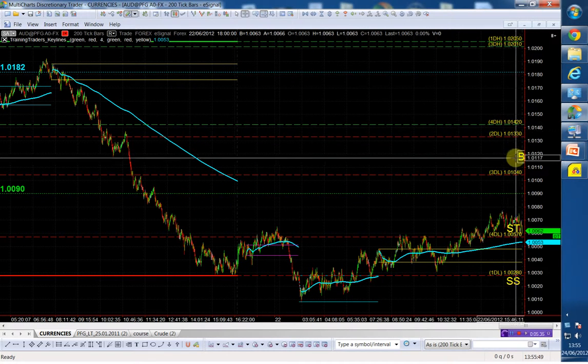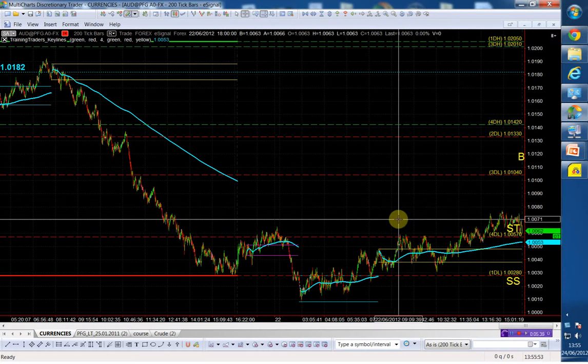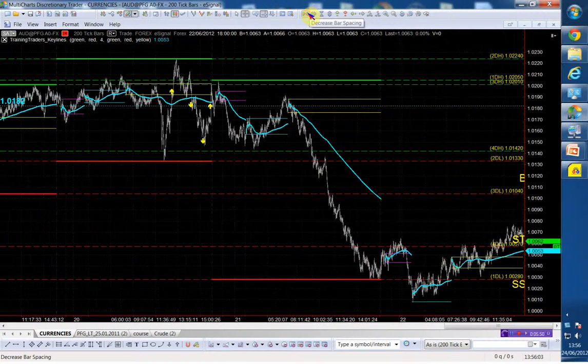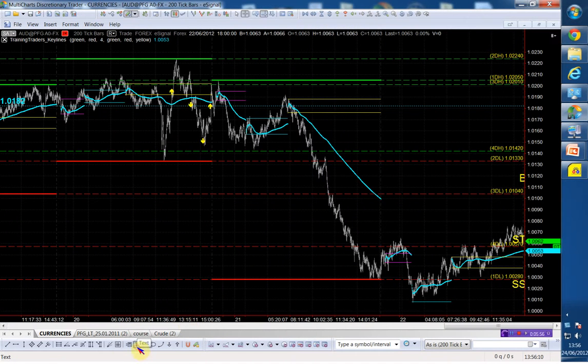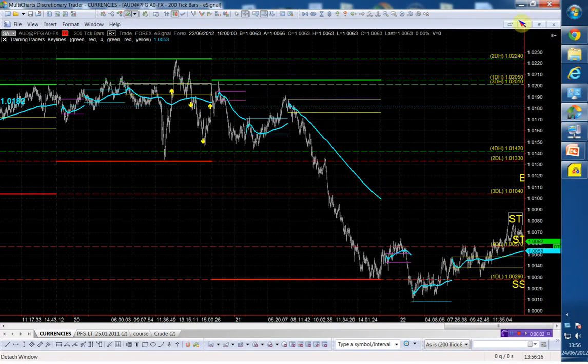And if it does go above that, then my stop will be, this is just an approximation stop, so my stop is going to be here below the 100.80.